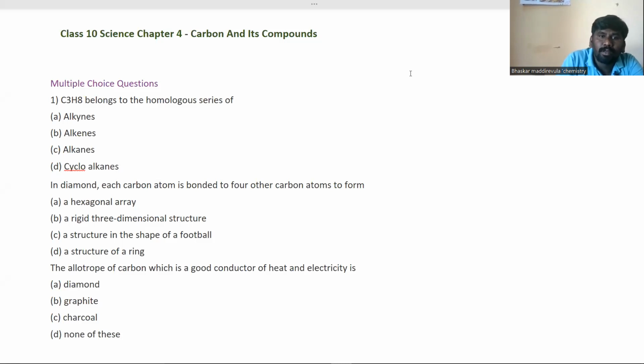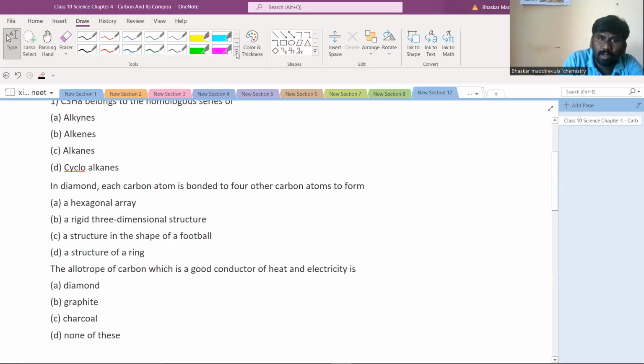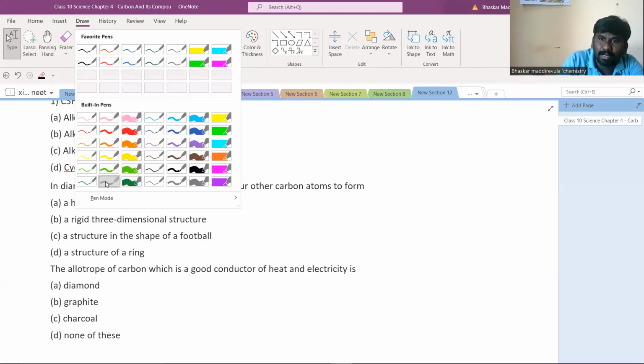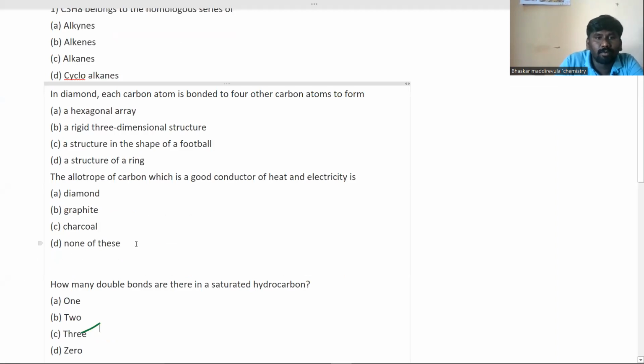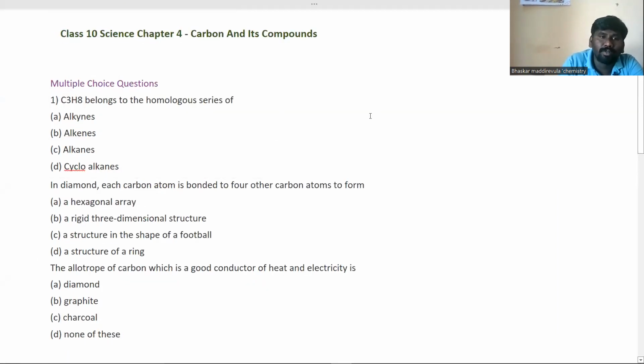Now see, here we have one compound. Multiple choices are shown here, but don't worry about it, try to understand the content from here. Sometimes they'll ask a question like C3H8 belongs to the homologous series of, maybe without options.